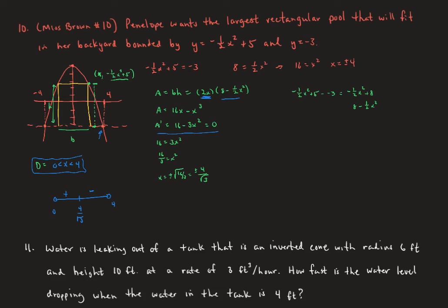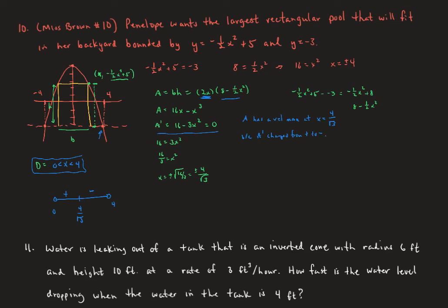So now we can say that our area, A, has a relative maximum at x equals 4 over the square root of 3, because A prime changes from positive to negative.